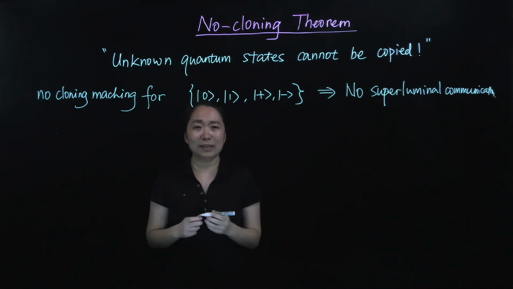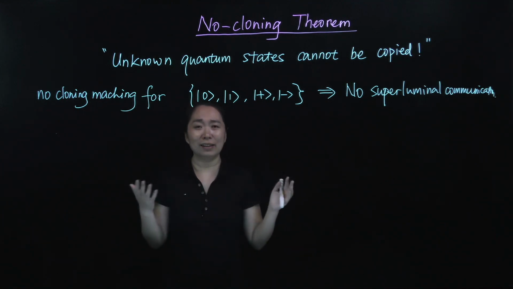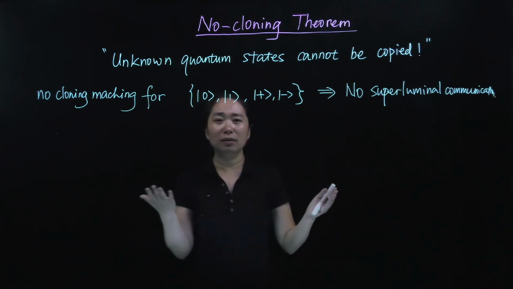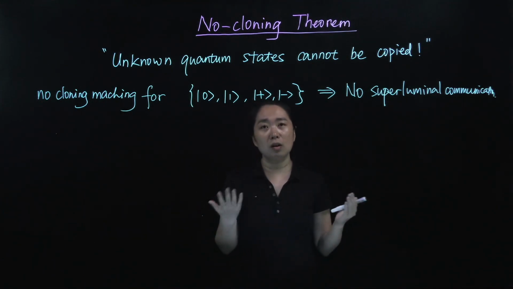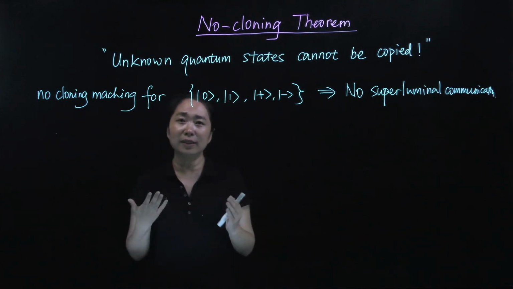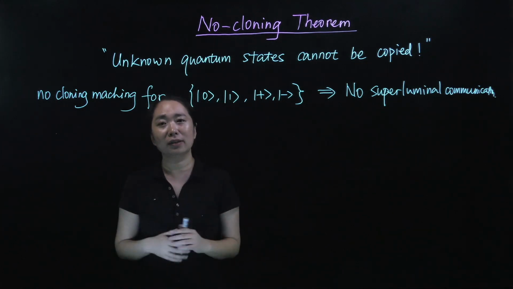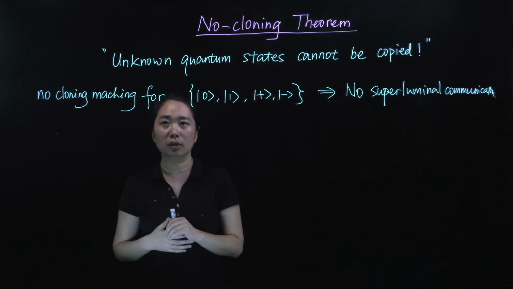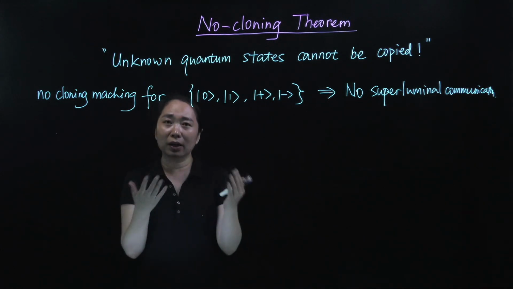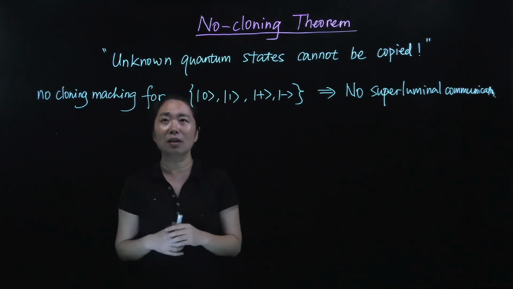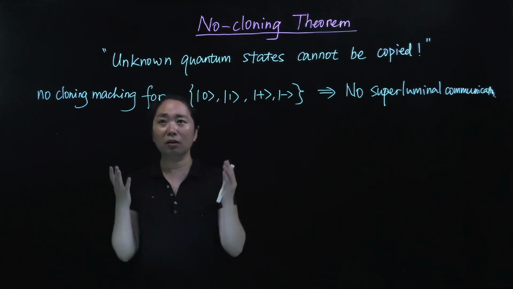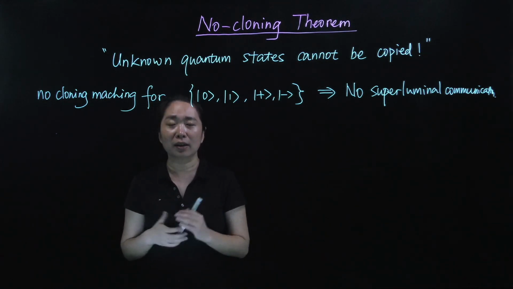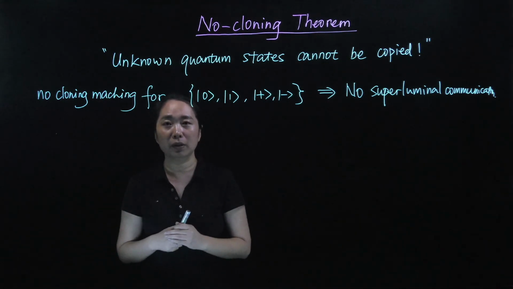This might seem surprising because in the classical world, we can certainly make copies of classical information or classical states all the time. If we say that the classical world is a limiting case of the quantum world, why can we copy classical information or states but not quantum states? In fact, orthogonal sets of quantum states can actually be perfectly copied.